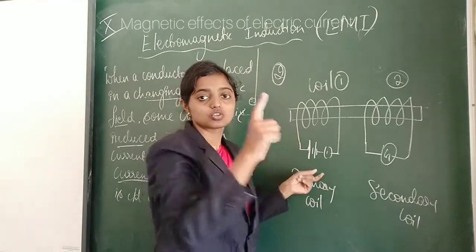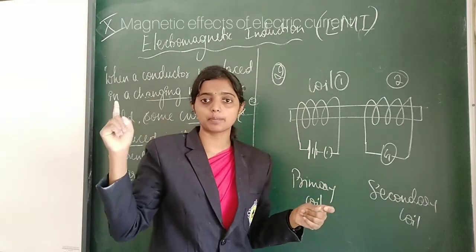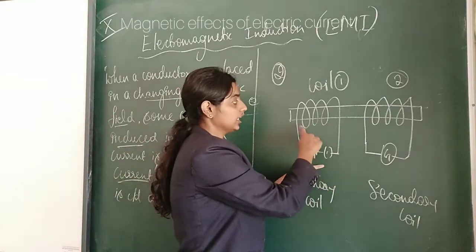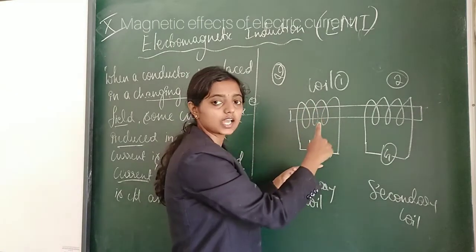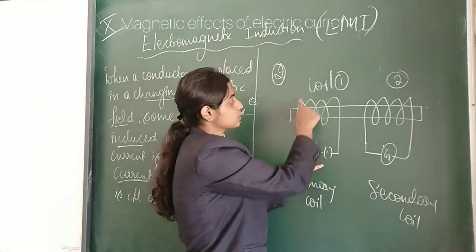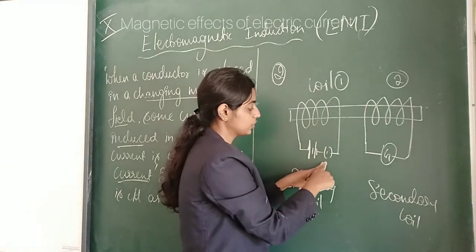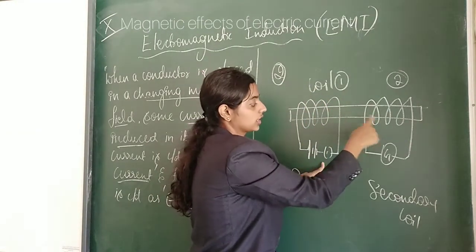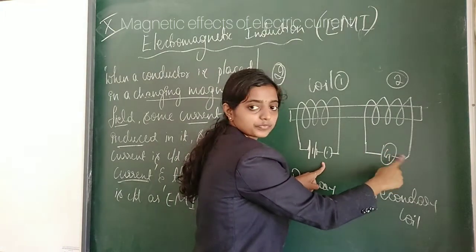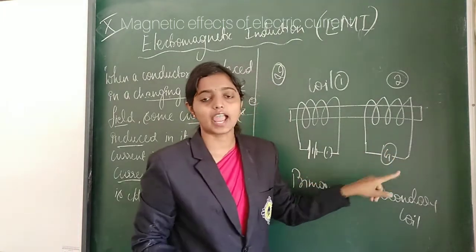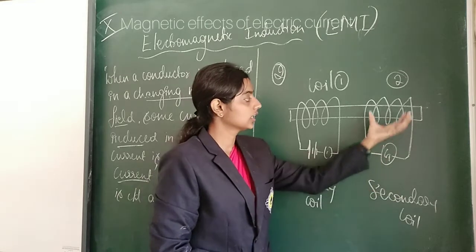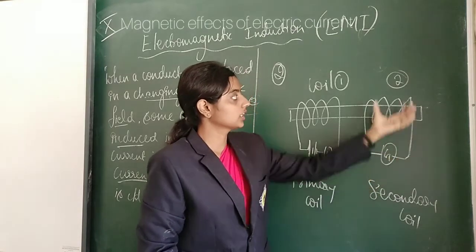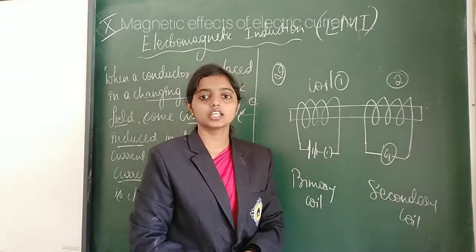In the first activity of the first chapter, we learned that any conductor carrying electricity will possess magnetic field lines. So when we switch on here, the magnetic field lines will link with this coil, and we can observe the deflection in this galvanometer. So again the current is obtained in coil 2, and that is called induced current.